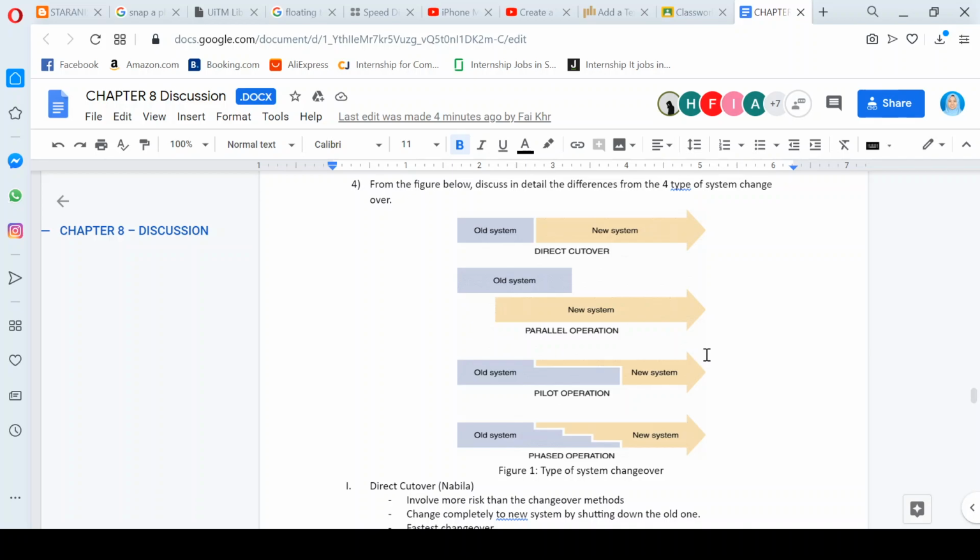Until certain stage uFuture is already stable, dan baru kita akan stop menggunakan Island dan semua user akan menggunakan uFuture. Contoh untuk parallel operation. In terms of the risk, parallel operation the risk is lower sebab kita menggunakan dua sistem serentak. So dia takkan ada masalah.